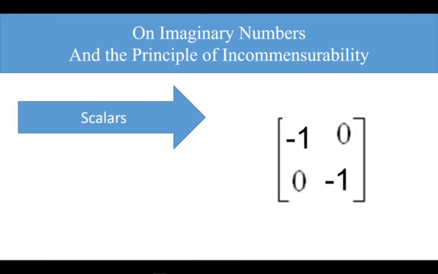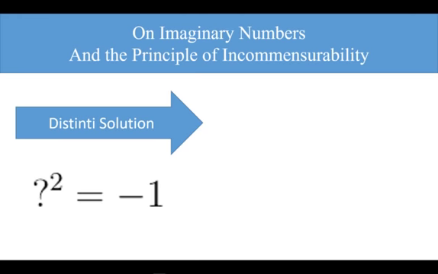Now we're going to go back to the problem. And the problem is, what times itself is equal to -1. In Distinti's Vortex Algebra, all scalars are two-dimensional, and so the problem is written as follows.